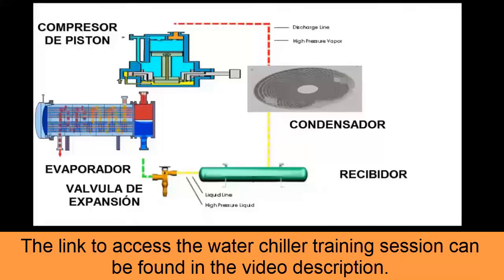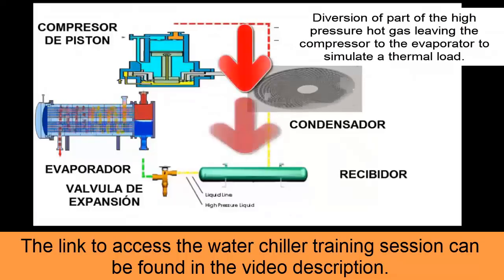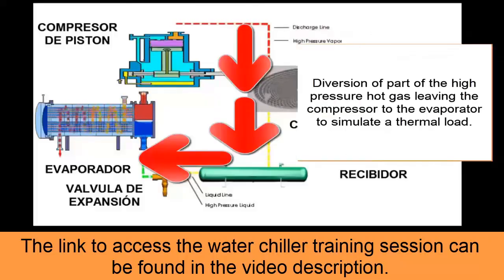To simulate the thermal load, the system diverts a quantity of refrigerant from the compressor discharge and sends it to the evaporator, or in some cases to the suction line, mainly towards the evaporator, in order to simulate heat. As we know, refrigerant at the compressor discharge has high temperature due to the compression work, so sending it to the evaporator creates artificial heat that replaces the real heat coming from people or the environment.